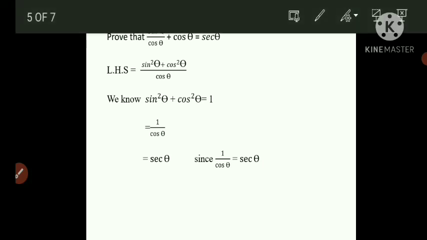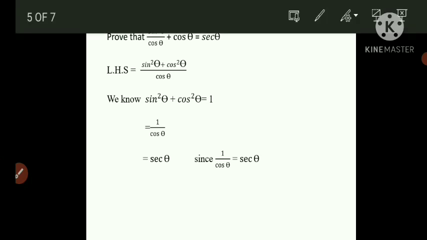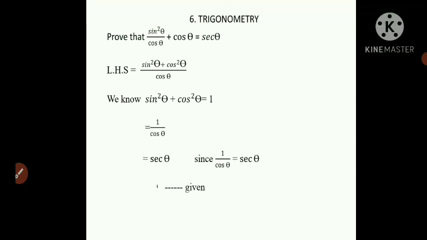So in place of the numerator I will substitute 1, upon cos theta remains same. Now we also know that 1 upon cos theta is equal to secant theta, which is equal to RHS. See, RHS is given as secant theta. So here you can say that left hand side is equal to right hand side, hence it is proved.